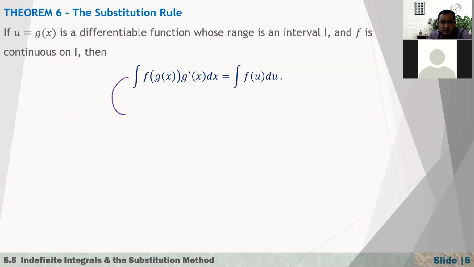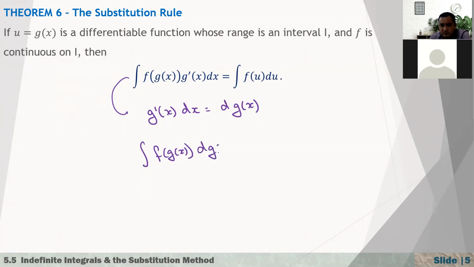As you see here, g prime of x dx is just the differential of g, so that is d g of x. And how did we define the differential? If you remember, if y is equal to f of x, the differential of y is defined as f prime of x times dx. So using this, the integral becomes f of g of x, and instead of g prime of x dx, we can write d g of x.